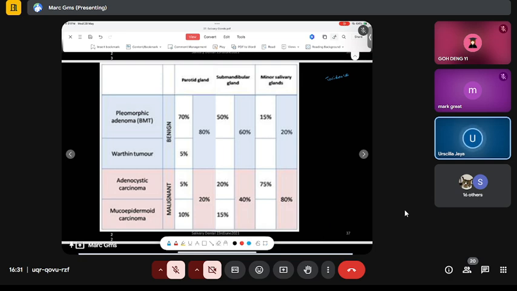Whereas for malignancy, mucoepidermoid is the most common. Adenoid cystic is common, but in your minor salivary gland. So from this chart, it shows you that a parotid gland mass is mostly benign, which is your pleomorphic. Malignancy is more common in minor salivary glands.